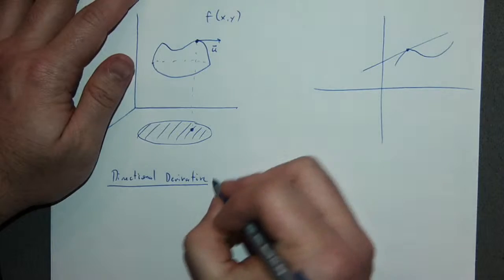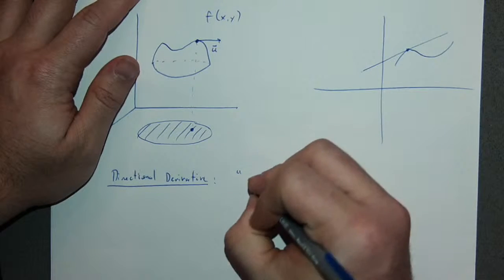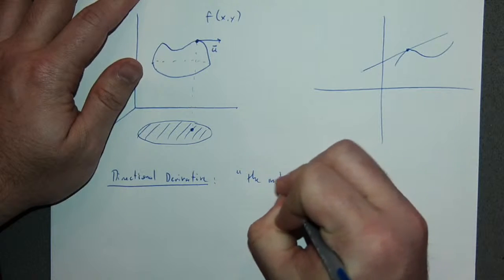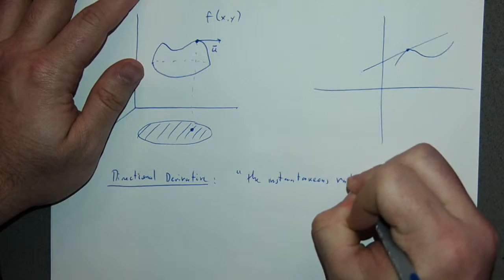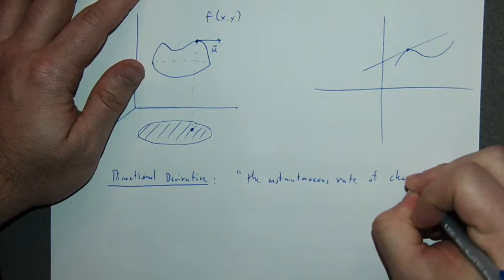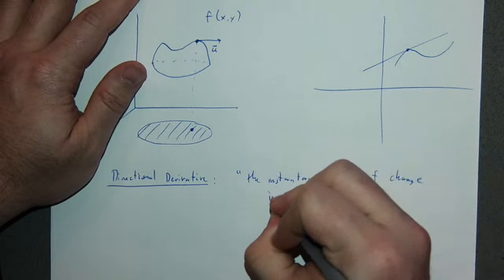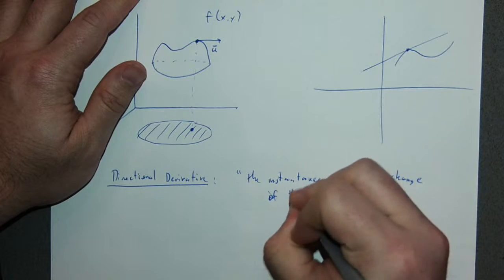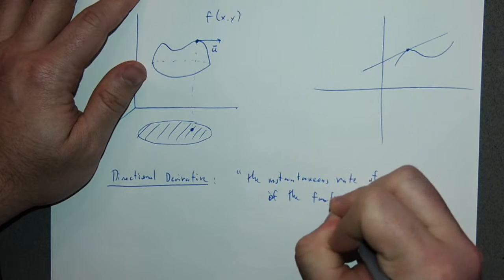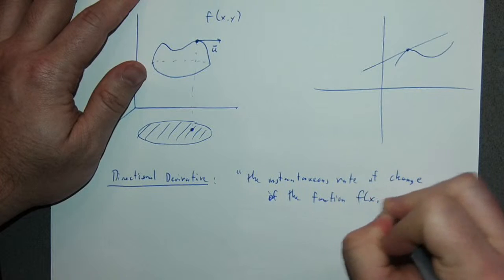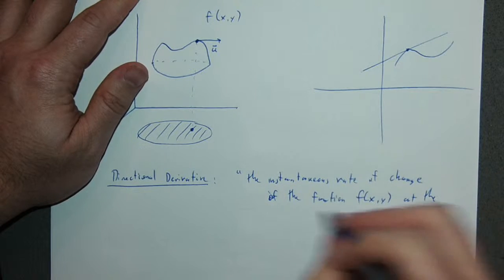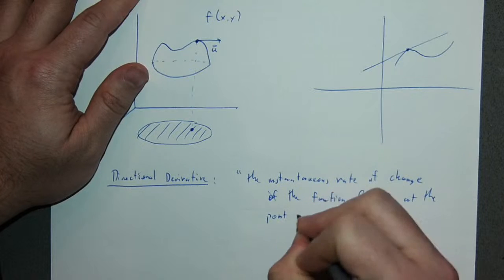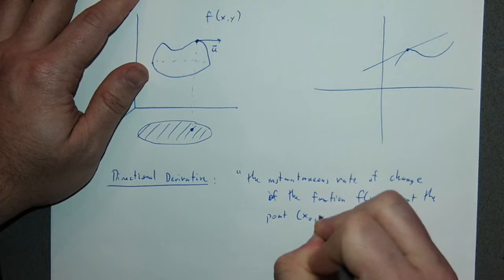What does the directional derivative compute? This is the instantaneous rate of change of the function f of x y at the point x naught y naught.